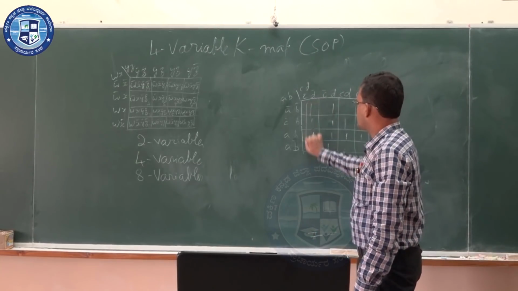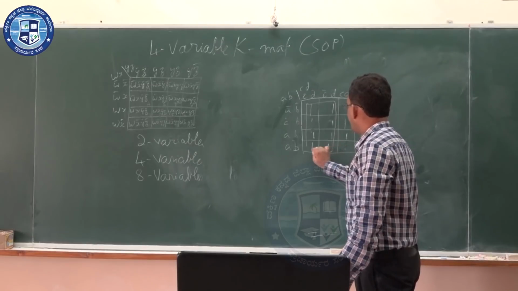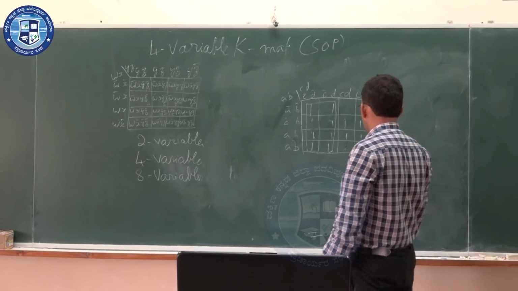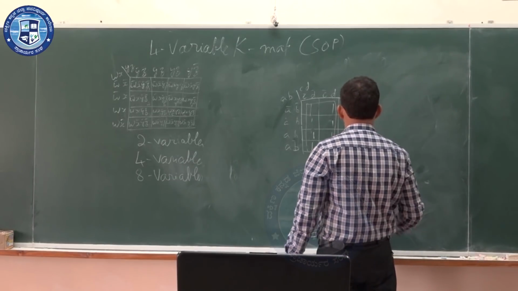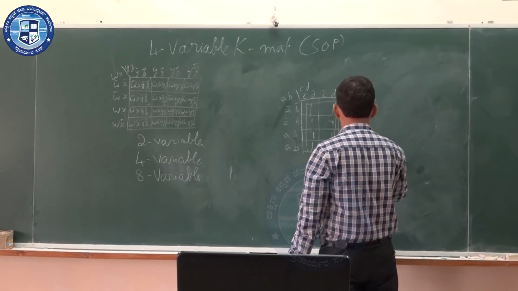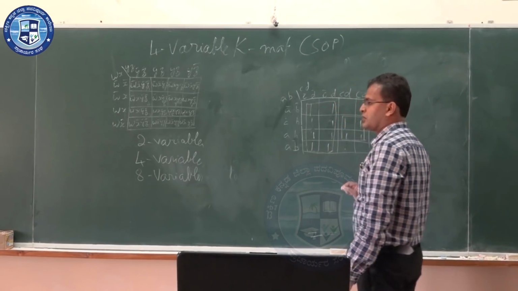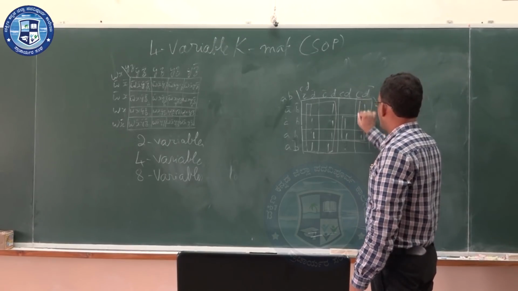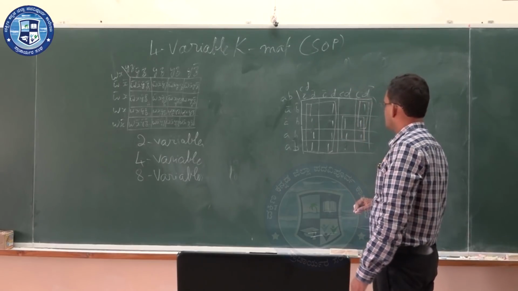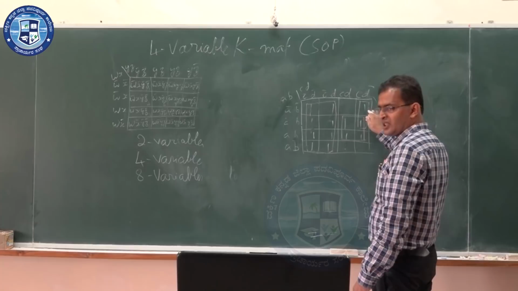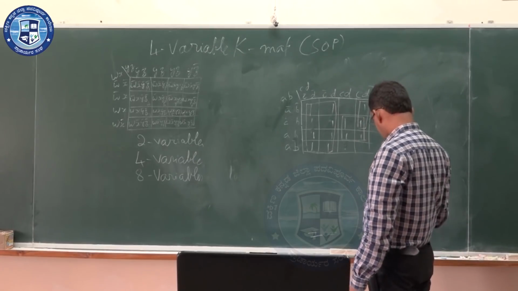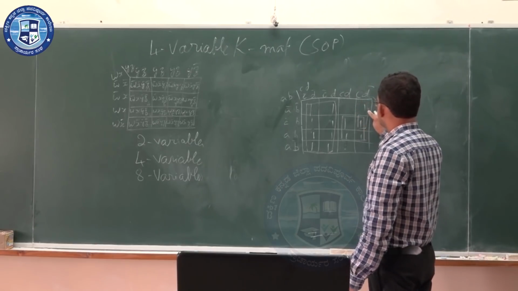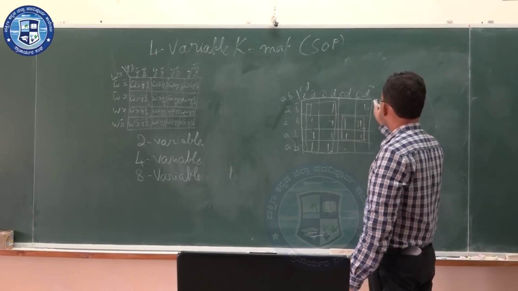Here I could go for one octet because I have all 8 together. I could go for one quad. I could go for one pair. Now, that pair I can go here, or instead of this you could do the rolling.